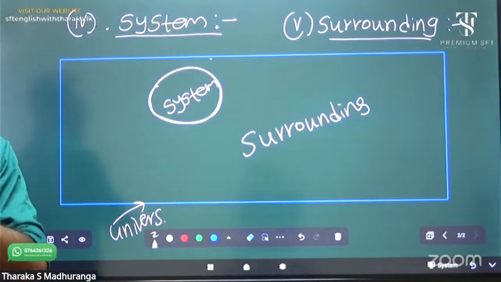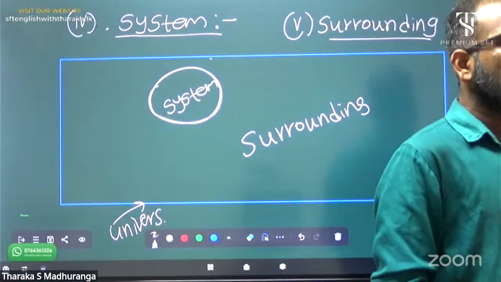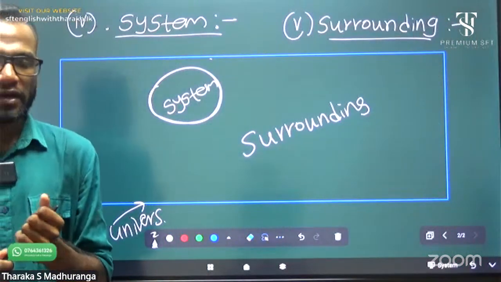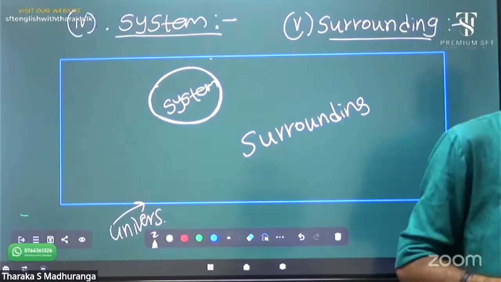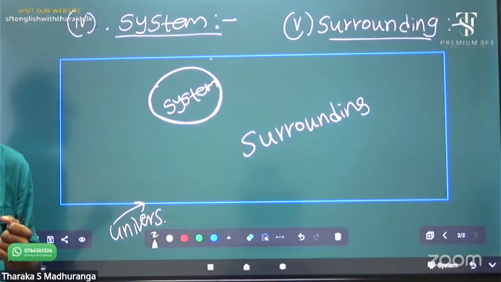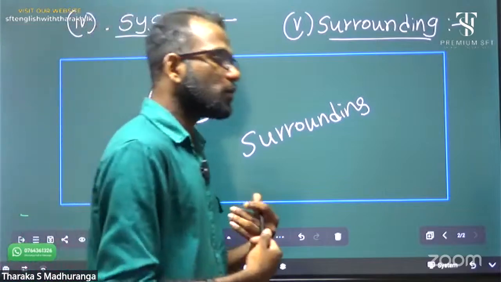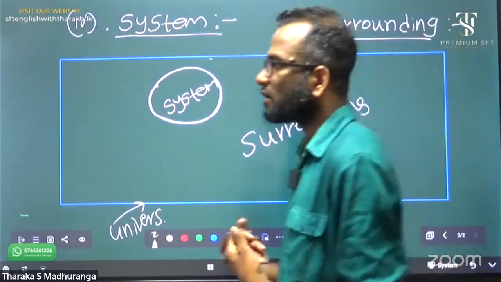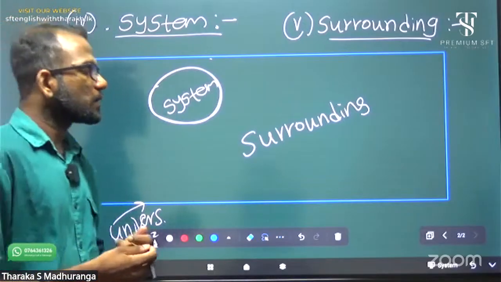Except the system, all other areas in the universe are considered as surrounding.